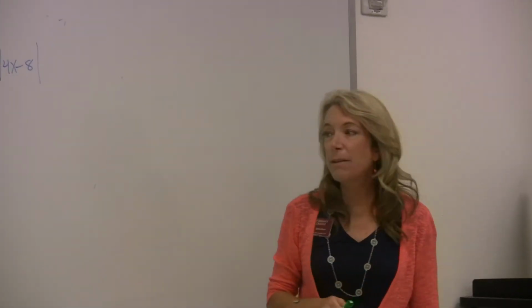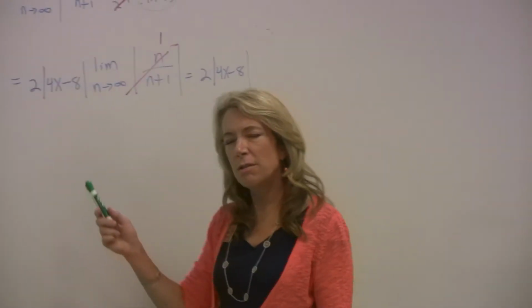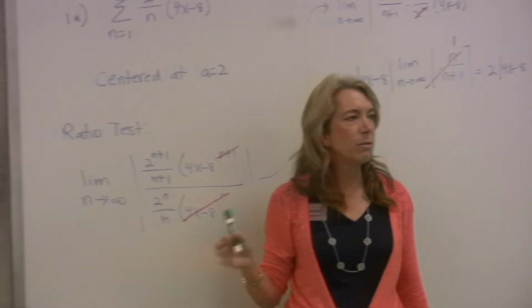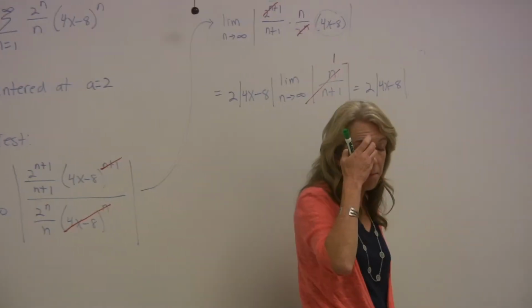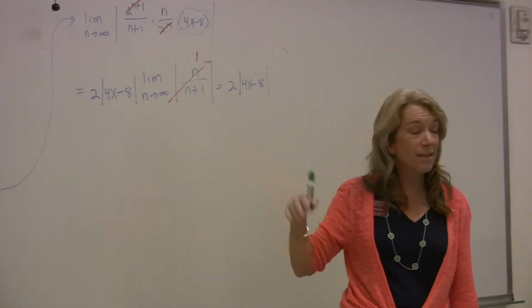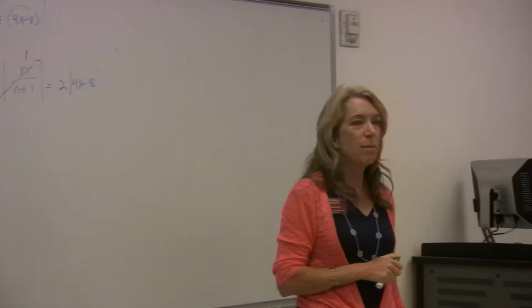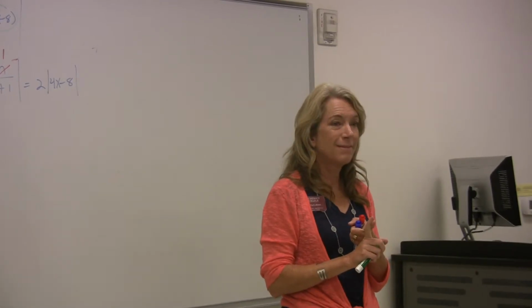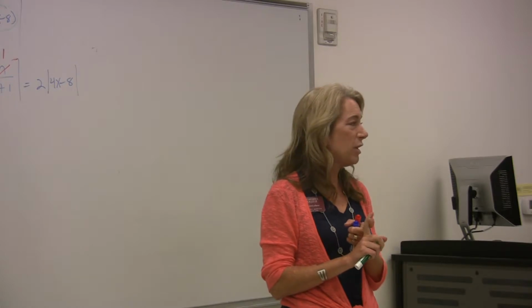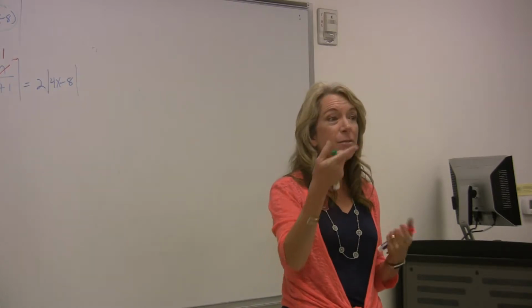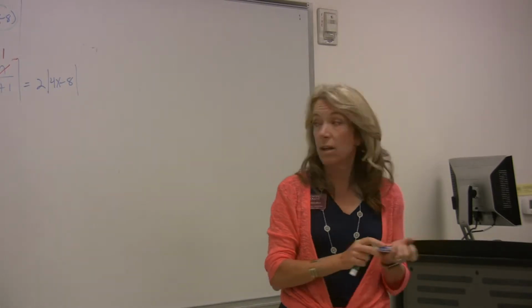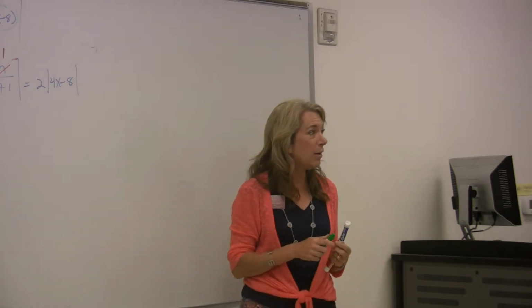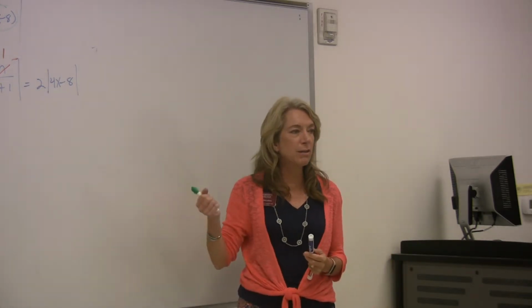So remind me about the ratio test. When you use the ratio test and you take the limit, when does the series converge? I've erased my list since we talked about it earlier. Remember, it's just like the geometric series. When R is less than 1, so we want L to be less than 1. So what we're going to do now is what I meant earlier. We're going to force this series to converge.